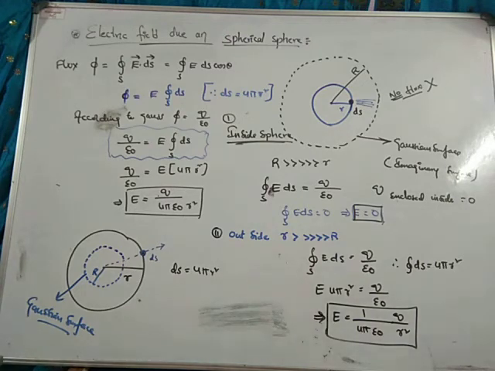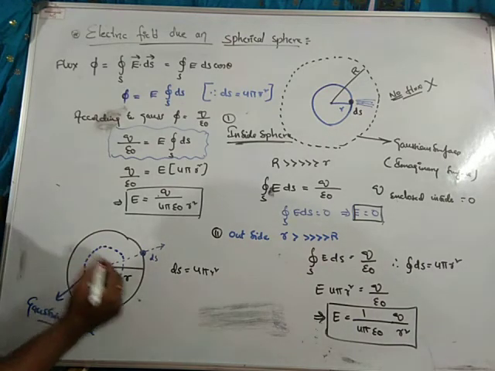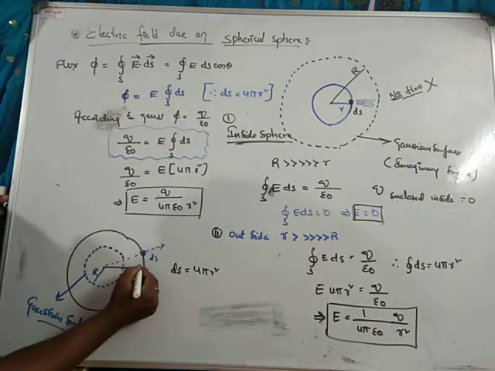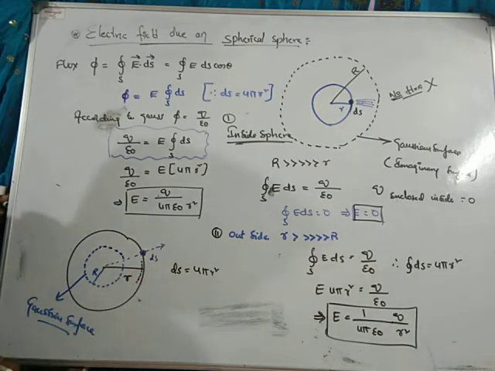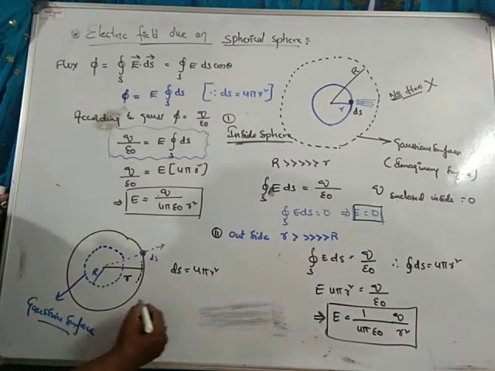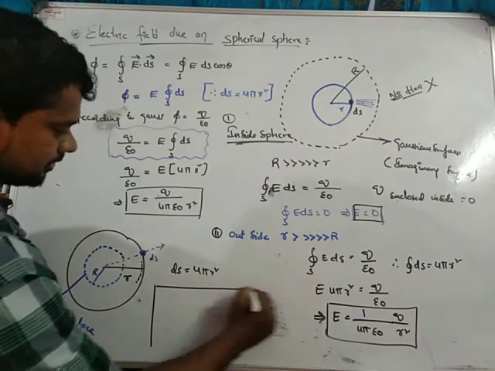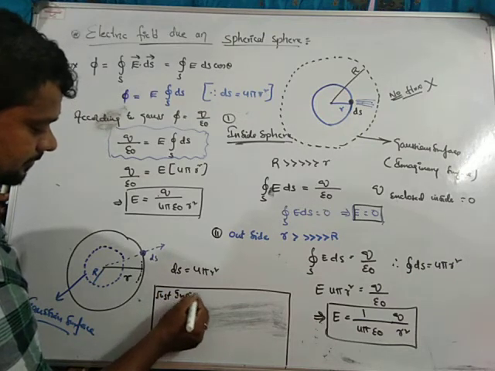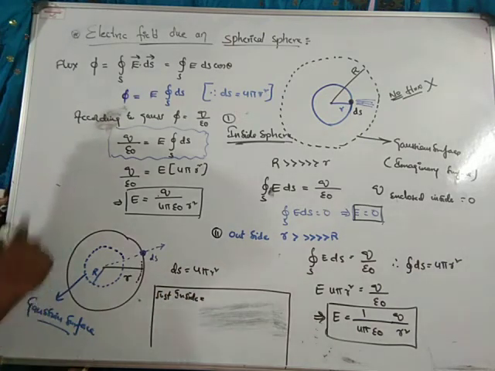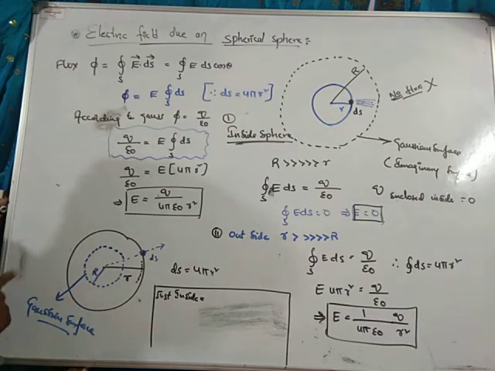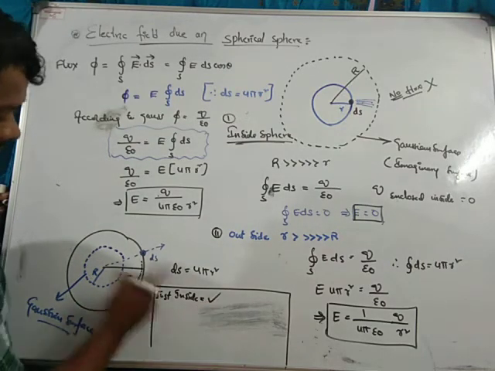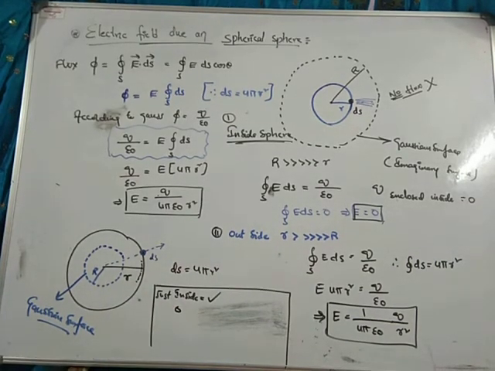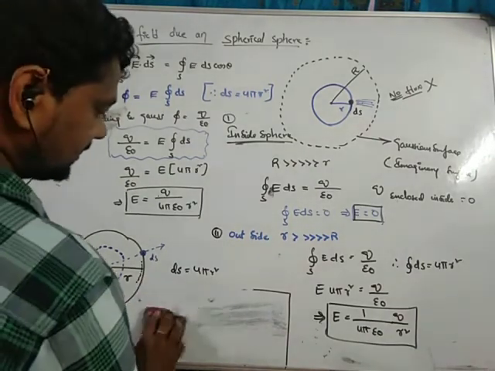Just inside and just outside the boundary give the same answers as above: just outside we get the value, and just inside the value becomes 0. Whenever you practice this, you will get clarity. I hope it was clear.